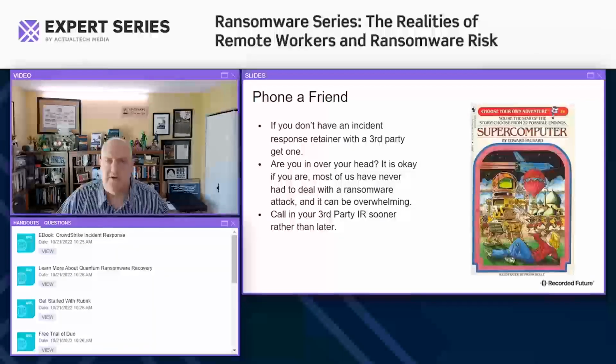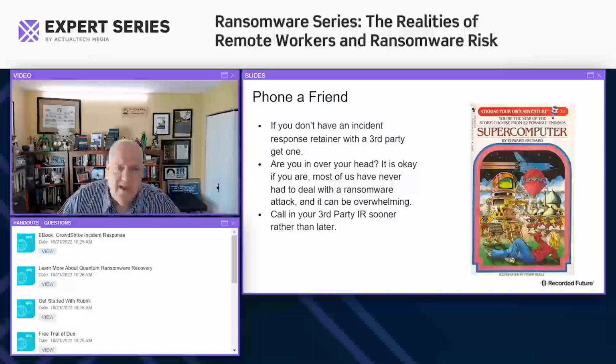Most organizations are in over their head when they're hit with ransomware. And so you're going to want to bring in your third-party incident response as soon as possible, especially because a lot of them are overwhelmed with ransomware attacks right now. If you don't call them right away, you don't know how long you're going to be waiting to get somebody on site, and you want them in as quickly as possible.